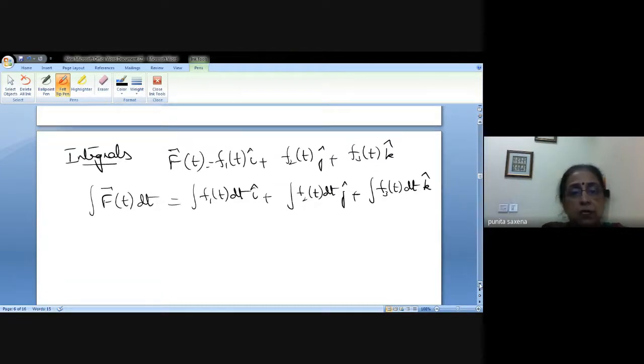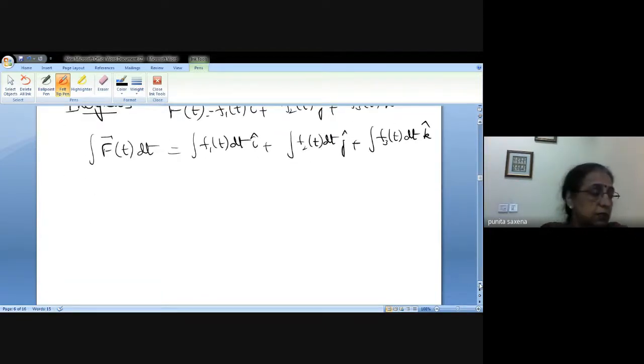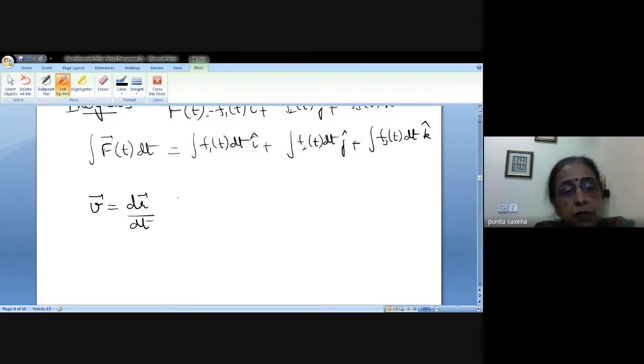See, again, I'll just go back to a little bit of physics here. Your v is nothing but dr by dt, the rate of change of displacement, where r as a function of t is your displacement function.